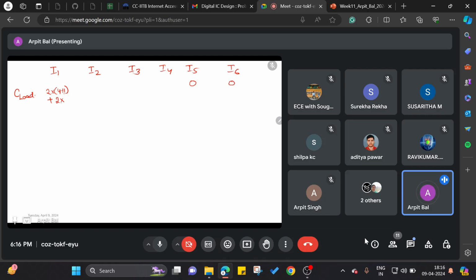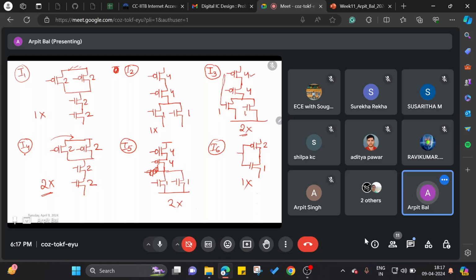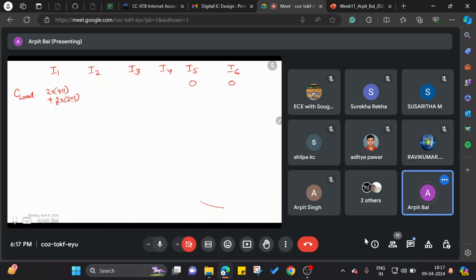It is 2 into 2 plus 2, because this 2 refers to the drive strength and the other part is 2 plus 2. So this is going to be 2 into 5 plus 8, that is 18. Similarly, for I2, what will be the value?